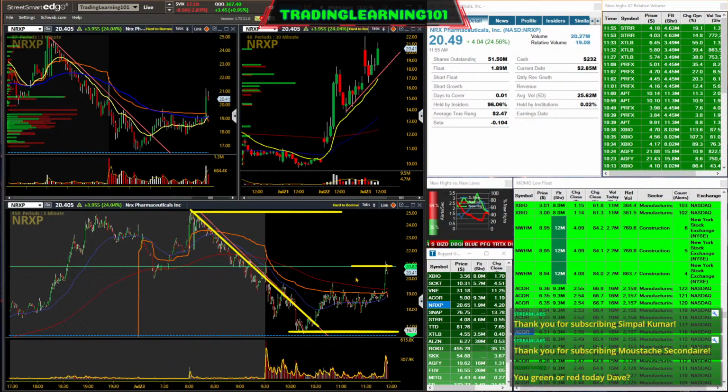From 17 to 21, that's a $4 spike to the upside. Does that make sense? Versus if a stock's pushing high of day and breaking high of day, who knows how much higher it could go.